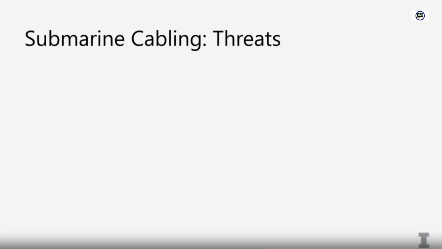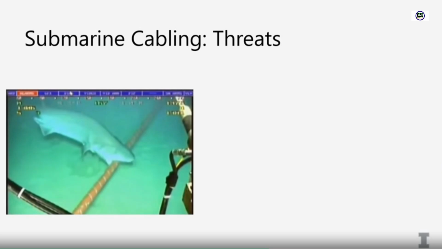So when you have submarine cabling, there's different things that can affect it. You can get fish that bite it. That actually happens. And this actually used to be a big problem for cable. And then people kind of figured it out, and they made cable even more thick and resilient. So fish bites aren't as big of a problem anymore.